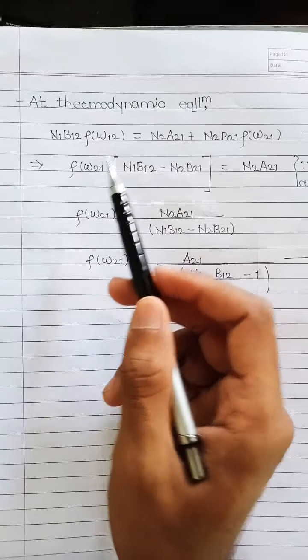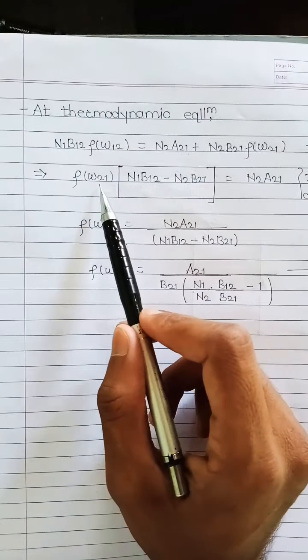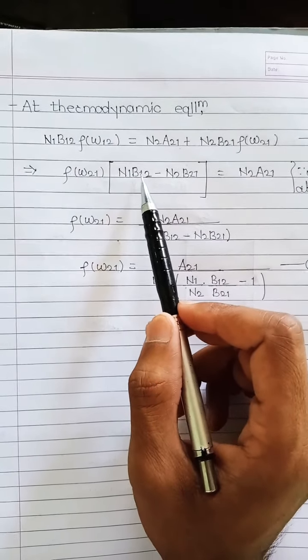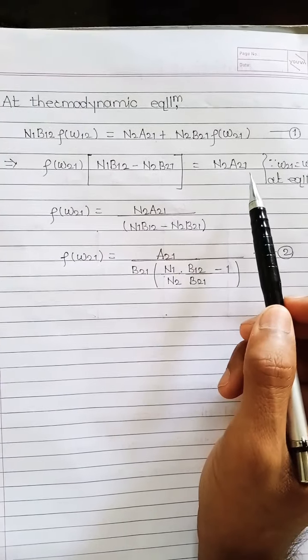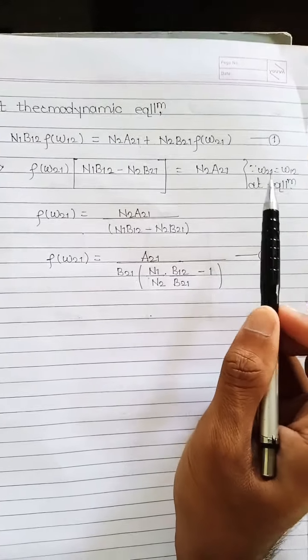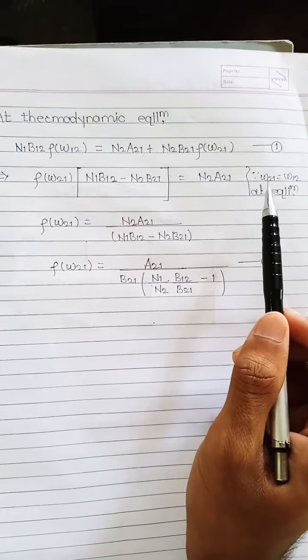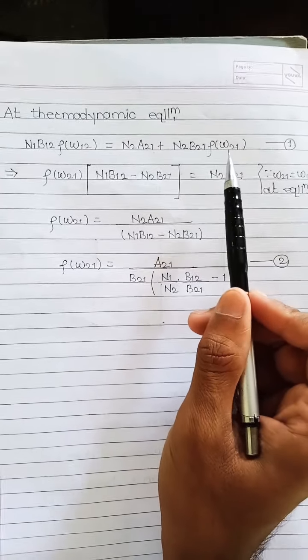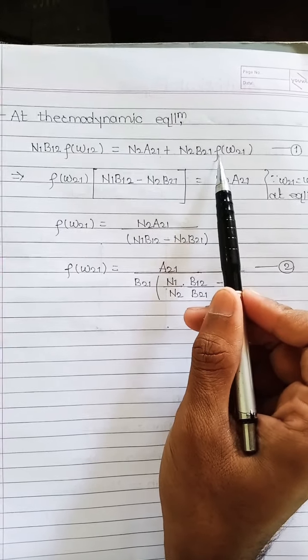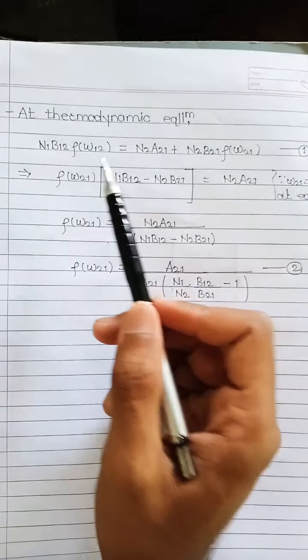So we can write rho omega 21 (N1 B12 minus N2 B21) is equal to N2 A21, because at equilibrium omega 21 is equal to omega 12. That's why we have taken out common rho omega 21 and rho omega 12.